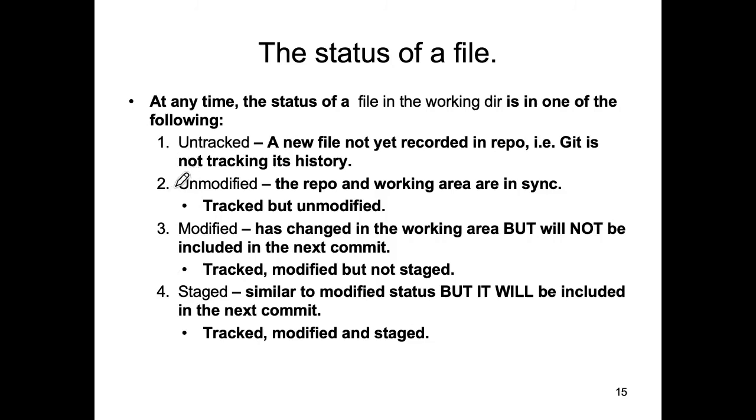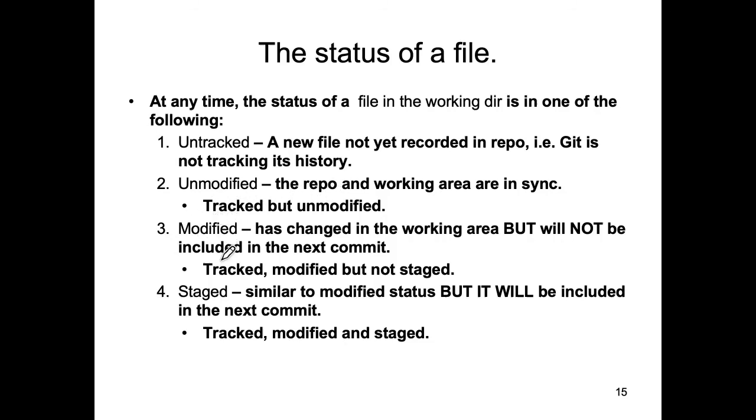If I go back to unmodified, an unmodified file is one that Git already knows about because you have committed it previously. And if you have committed it previously, then we would say that Git is tracking the status of that file. It's tracking it, but it's unmodified in the sense that it has the most up-to-date version of the file in the repository.